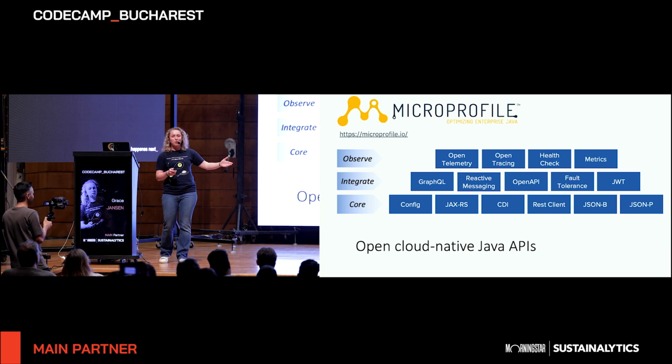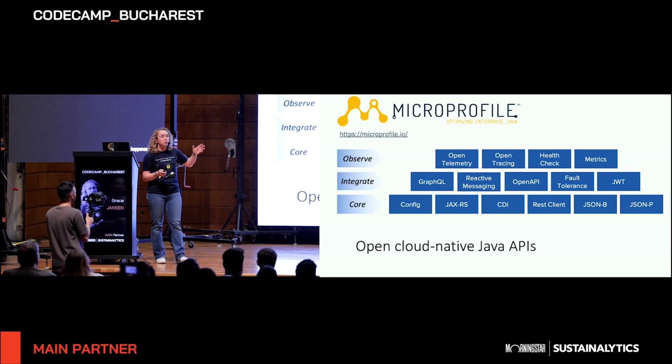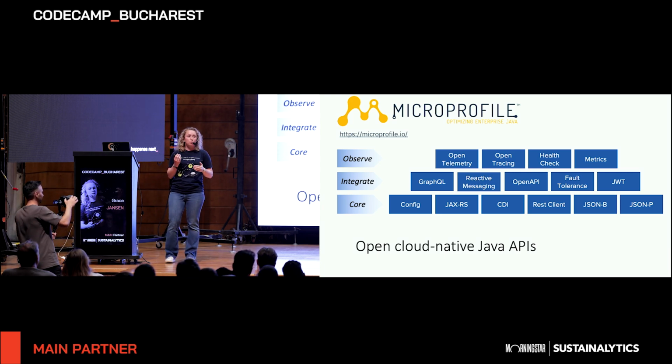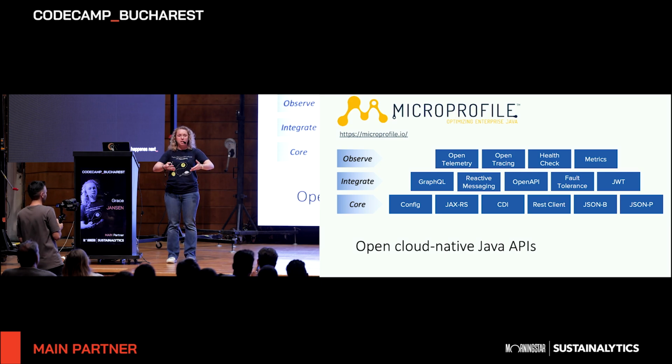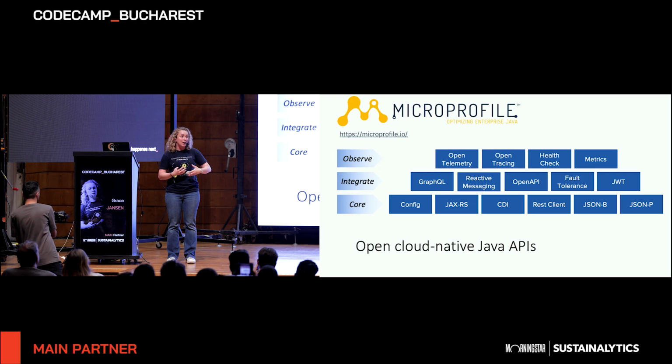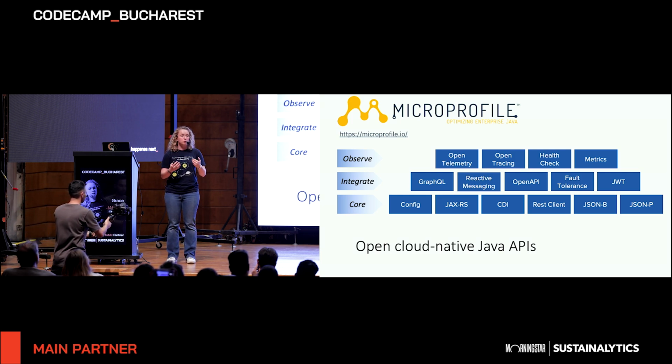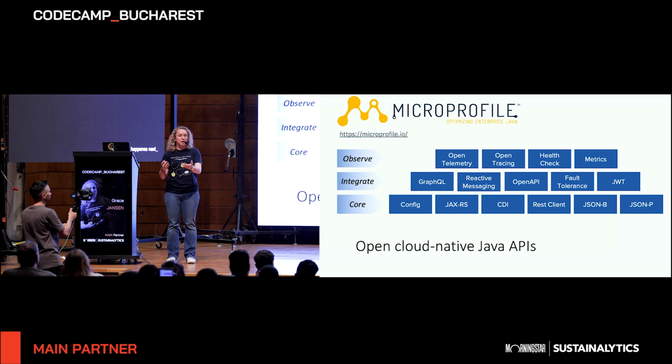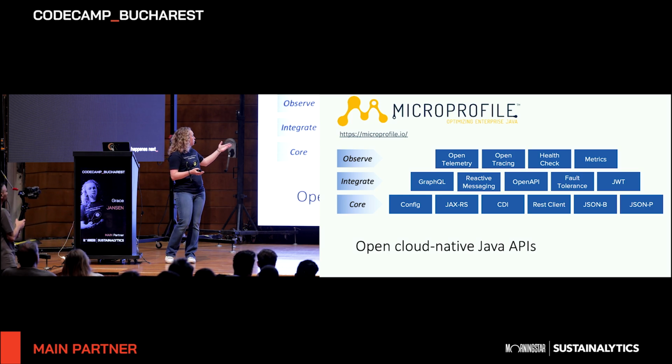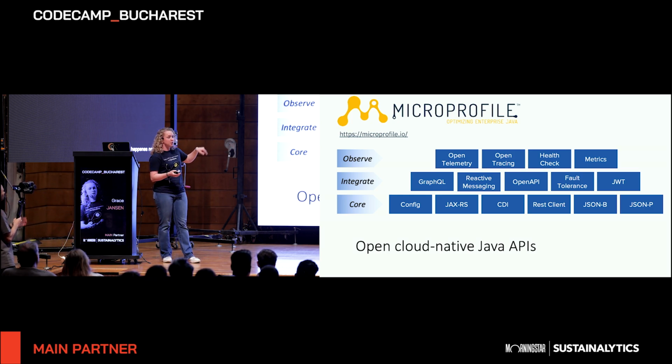So MicroProfile. MicroProfile is a community-driven specification that was designed and developed to really bring enterprise Java into the modern world. So it introduces a lot of cloud-native APIs that you can make use of that are really designed to enable you to make effective microservice-based cloud-native applications. So it includes things like Open Telemetry, which we will get onto.